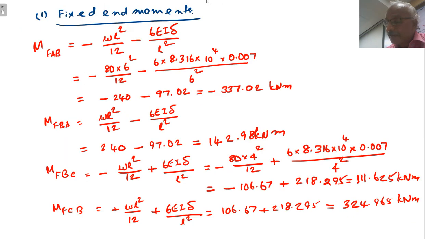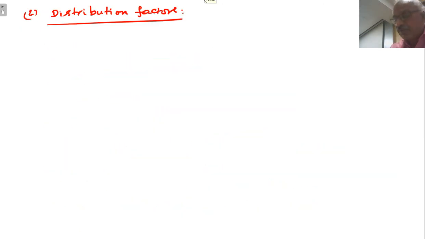Now here again the tabulation we have to open out. Joint, member, relative stiffness.